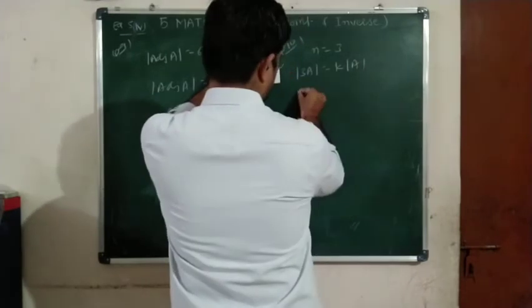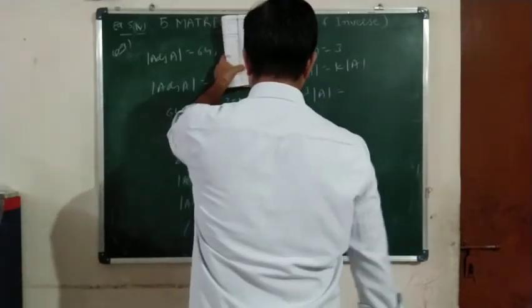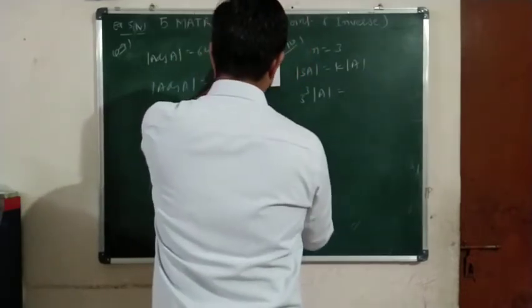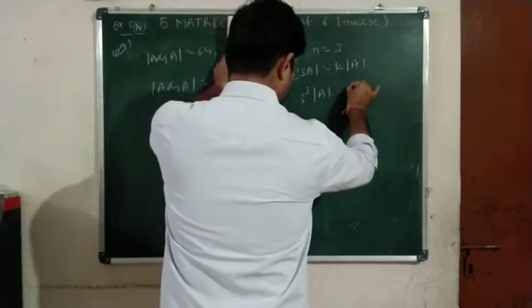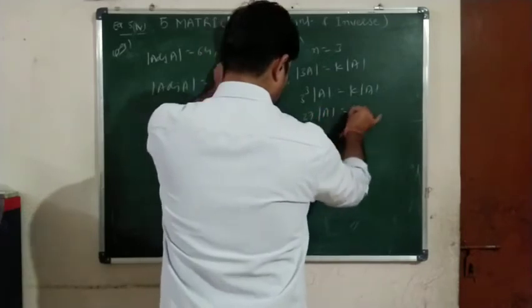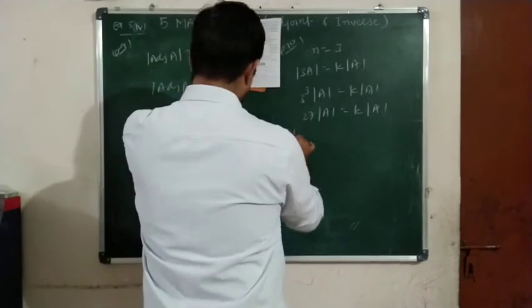So 3 raised to 3, that is again 27 only. So I think this is a repeated question. Yes or no? Okay, no problem. Leave it. So 27, because here you are going to get 27. Not repeated but a similar kind of question.